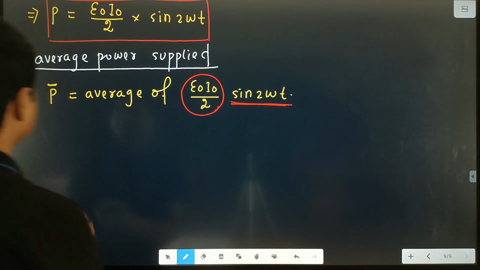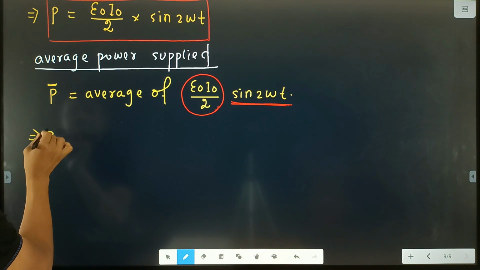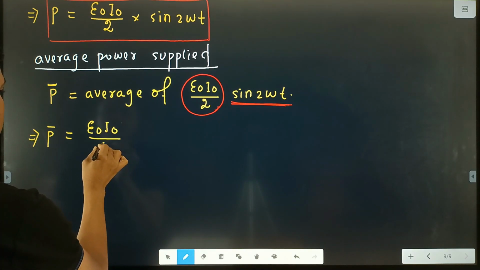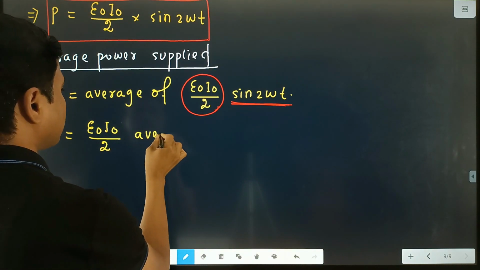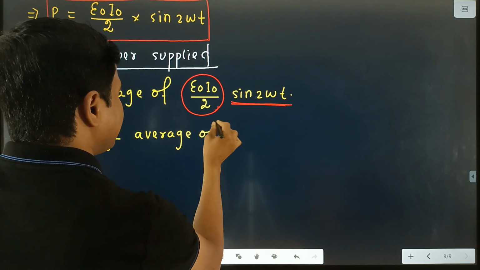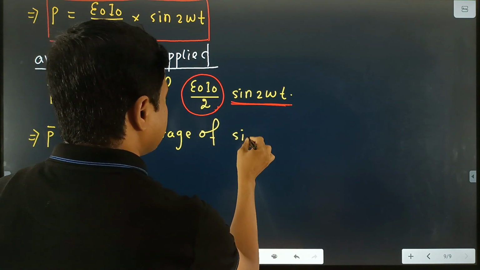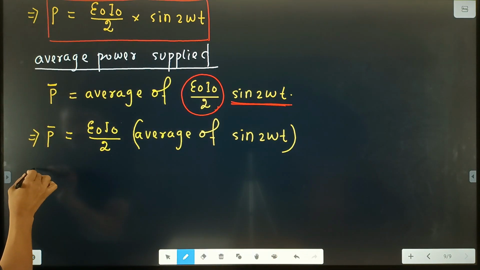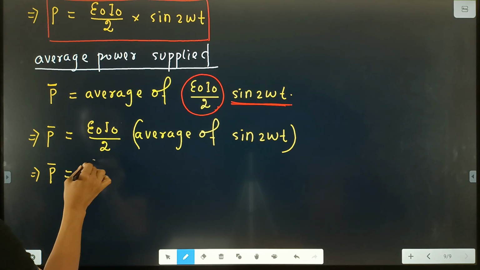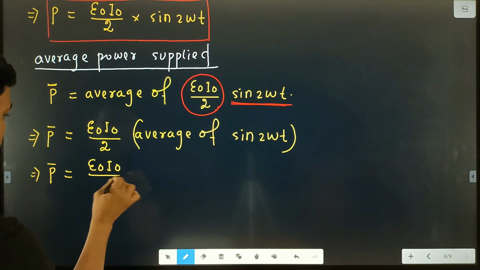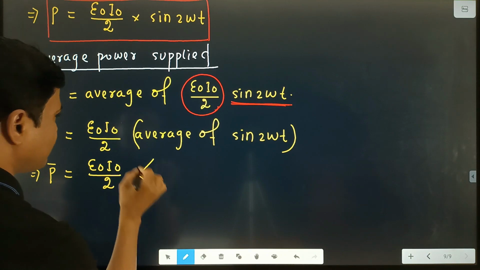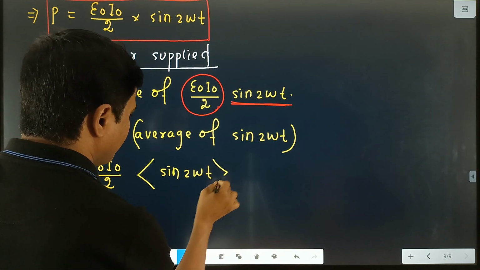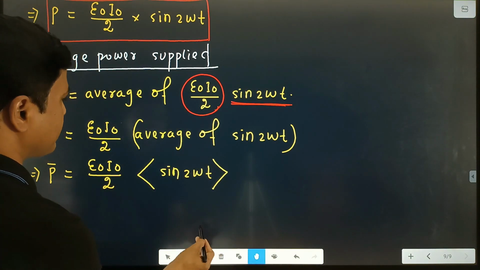So we write average power P bar is equal to E0 I0 divided by 2 times the average of sin 2 omega t, that implies average power consumed is equal to E0 I0 divided by 2. This is the symbol for average of sin 2 omega t for a full cycle.